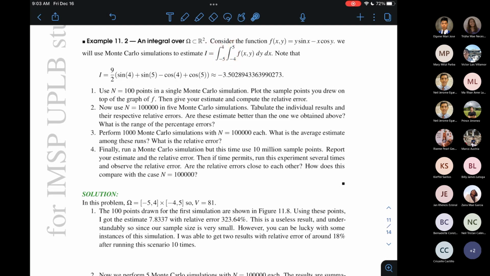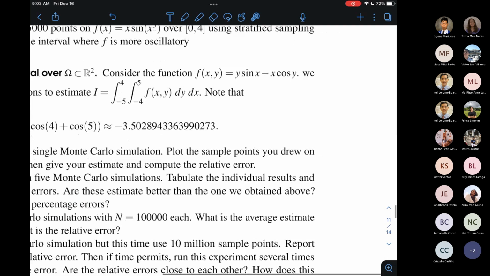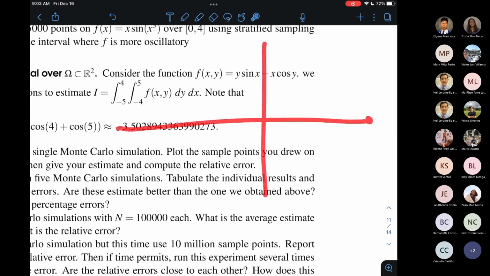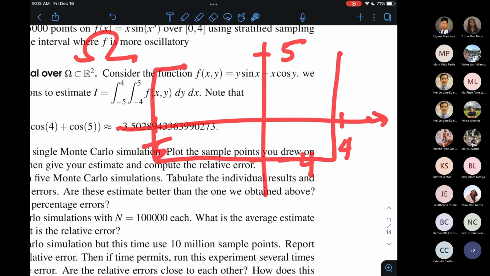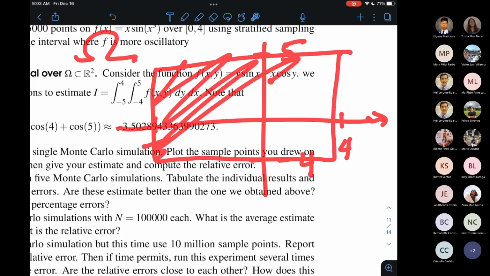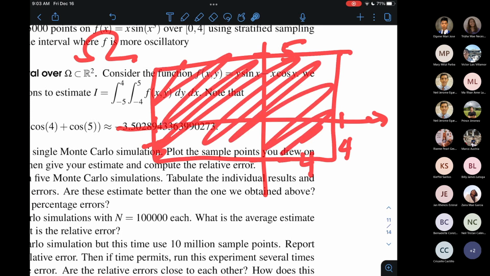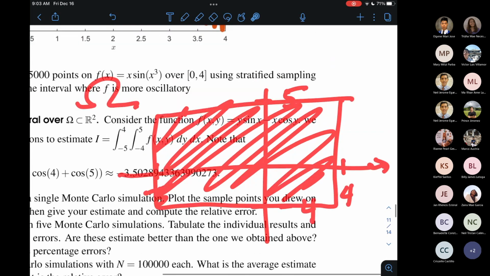But nevertheless, our integration region omega, so kung kukunin natin yung omega natin on two dimensions, right? So y goes from negative 4 to 5, and then x goes from negative 5 to 4. So ito yung ating integration region omega. Right? Tapos pipili tayo ng isang point dyan sa omega na yan. Right? So pili ako halimbawa, ito yung aking point na napili sa omega na yan.